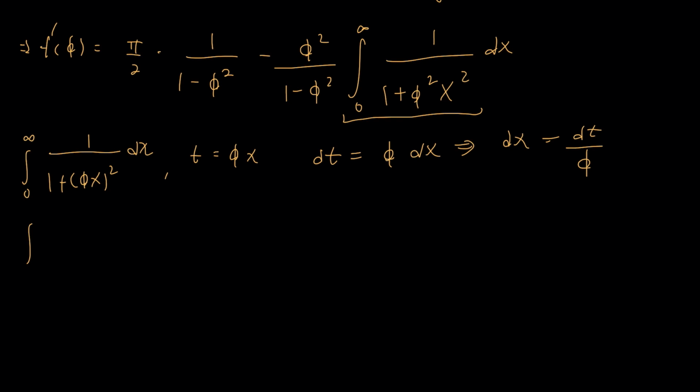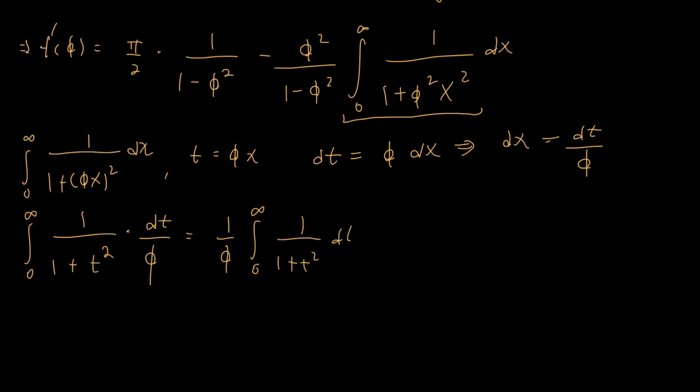So we have the integral from 0 to infinity of 1 over 1 plus t squared times dt over phi. So we have a 1 over phi times the integral from 0 to infinity of 1 over 1 plus t squared dt, but that's exactly the integral we discussed previously, and that's pi over 2 times 1 over phi. So that integral is equal to that.